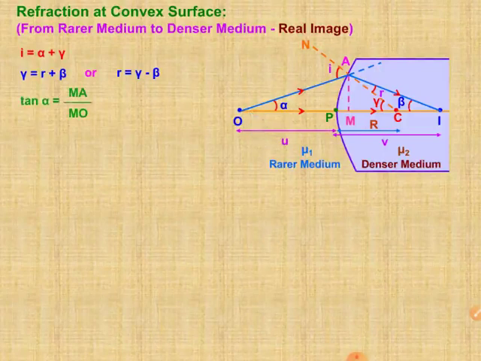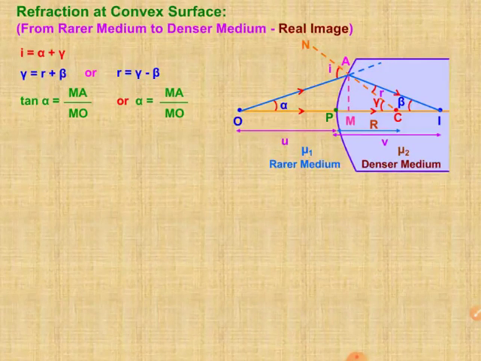Let's see the next step. Tangent of alpha will be equal to MA divided by MO, and this can be related as alpha equal to MA by PO. Why? Because alpha is very small, so if this angle is small, then the tangent of that small angle will be approximately equal to the angle itself. Now let's see beta and gamma similarly. The first one was from the right triangle OAM.